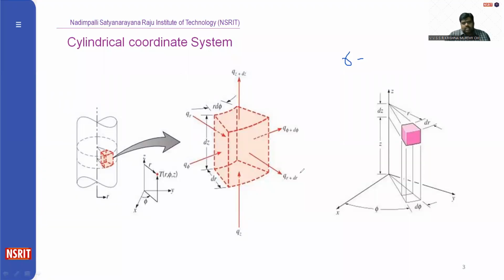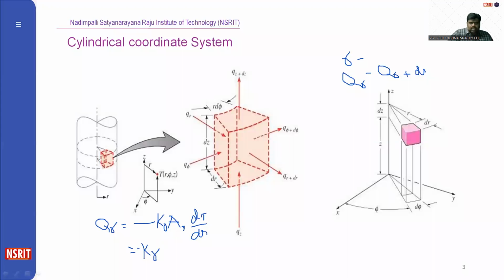At the inlet you are giving q of r as input, and at the outlet you are getting q of r plus dr. So the net heat in the r direction will be q of r minus q of r plus dr. We all know q of r, according to Fourier's law of conduction, is minus K_r A_r dT by dr, where in place of thickness we take the cylinder radius, dr. So I can write it as minus K_r into the surface area, which is dz and r d phi, into dT by dr. So you know what q of r is.